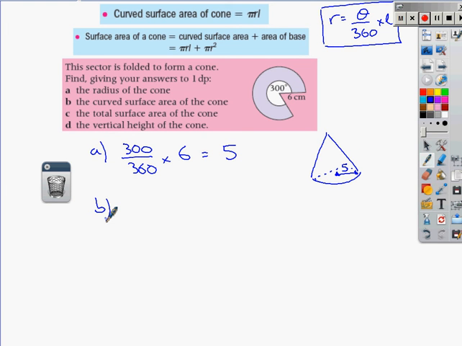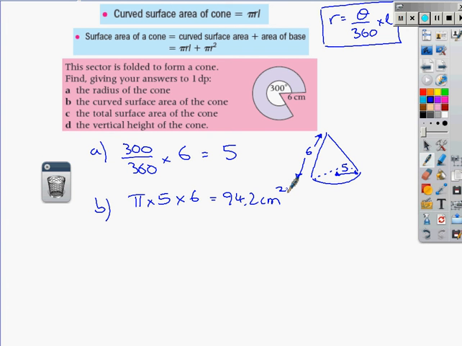Okay, part B says find the curved surface area of our cone. Use the formulae. Curved surface area is pi times r times L. So we get pi times r, which we now know is 5, times L, which is 6. Okay, so this distance here is 6. That's the bit that's been folded up. Put that into your calculator, and to one decimal place we get 94.2 centimetres squared, because it's area.